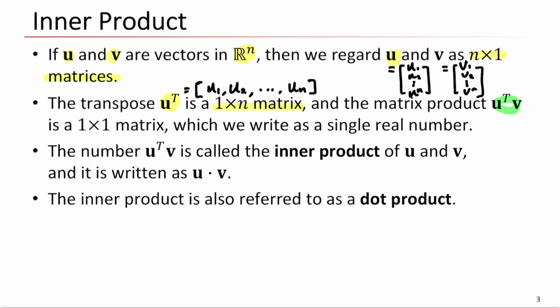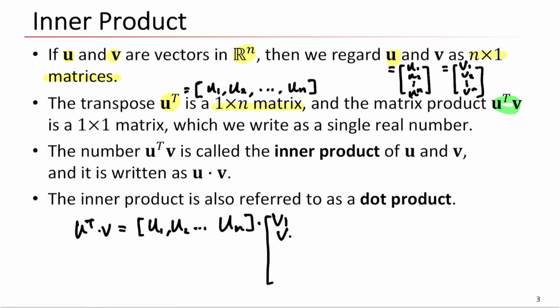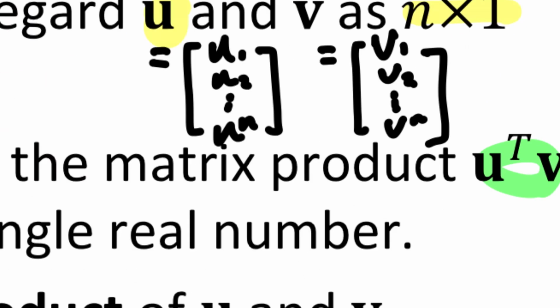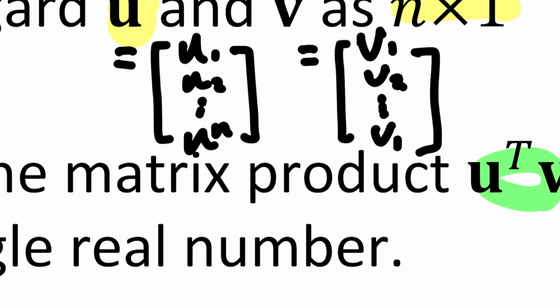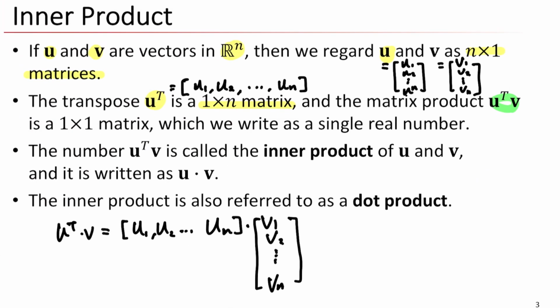in here, u transpose times v is equal to u1, u2 through un times v1, v2, vn, right? Because the size of this matrix is 1 by n, and the size of this one is n by 1, right?